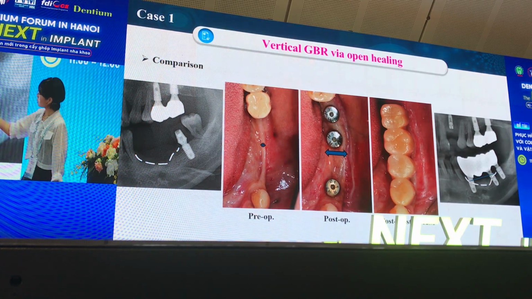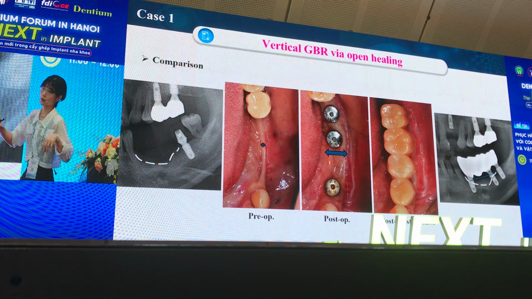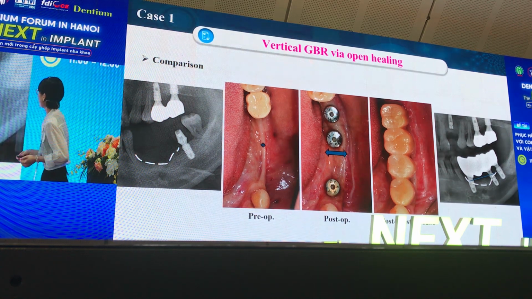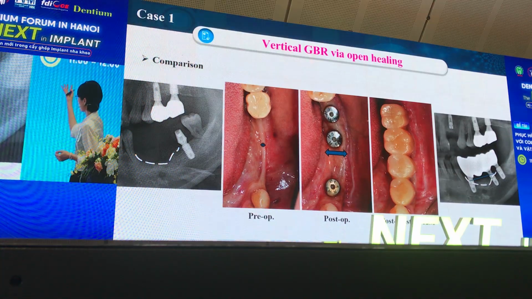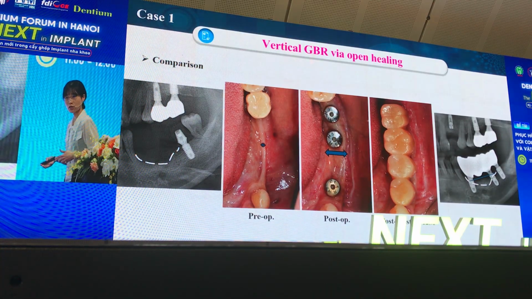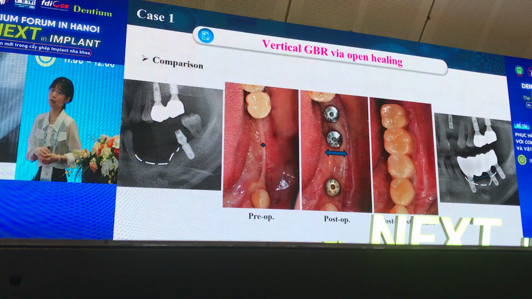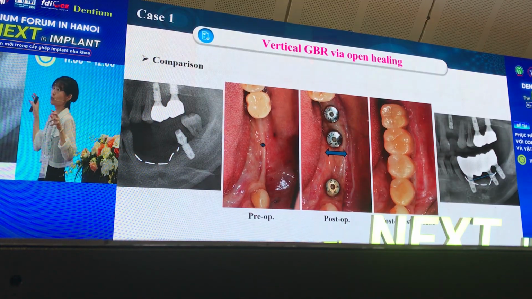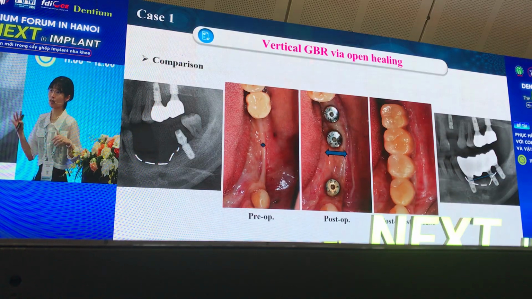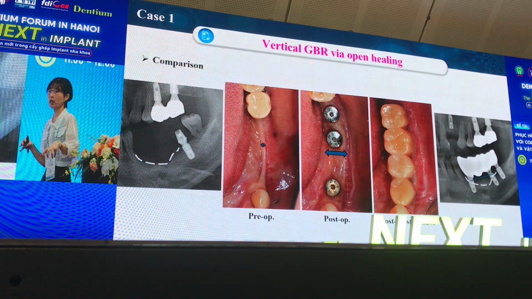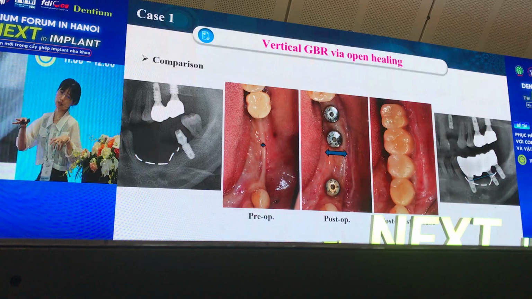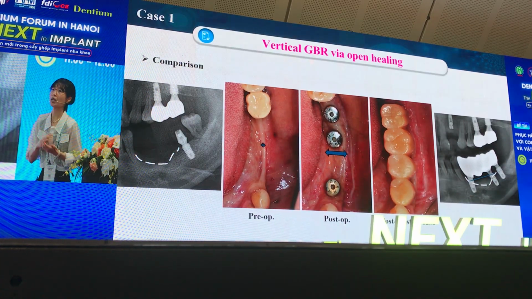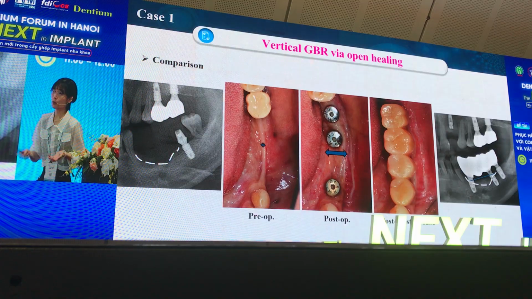The narrow keratinized gingiva was widened with the open healing using the Collagen Graft 2, and also we could get the vertical bone regeneration using the collagen bone and also Collagen Graft 2. I did the simultaneous implant placement and also the vertical procedure using the Collagen Graft 2 because it was very stable when we do open healing.